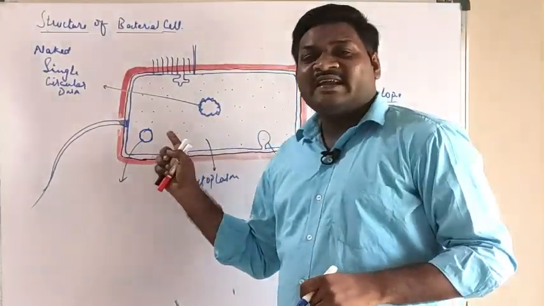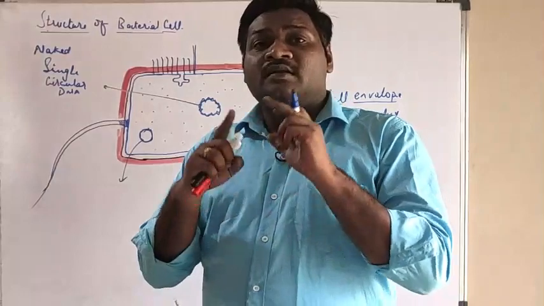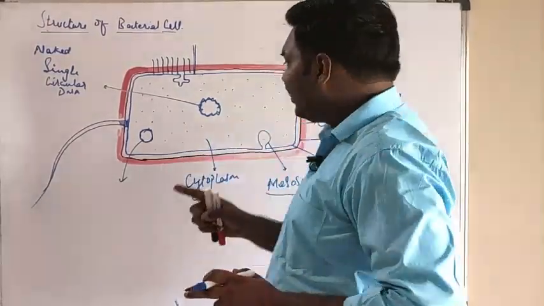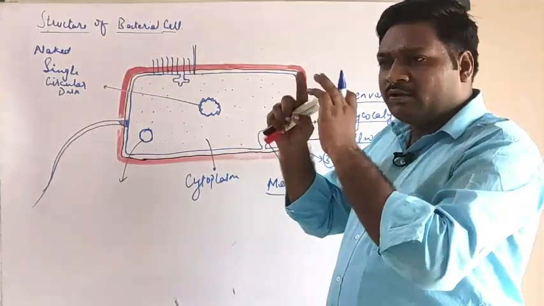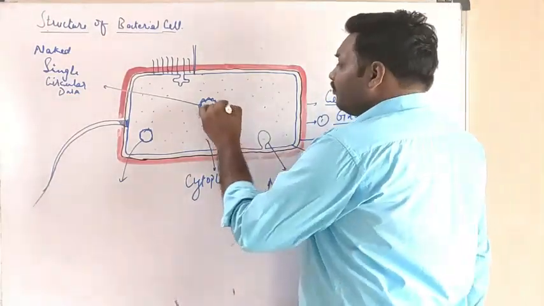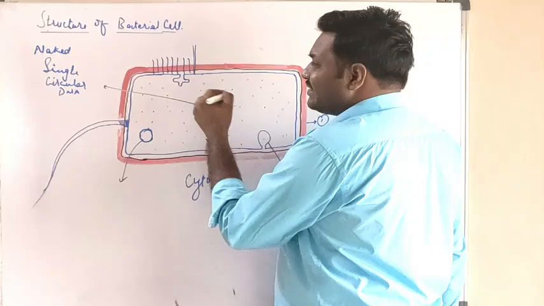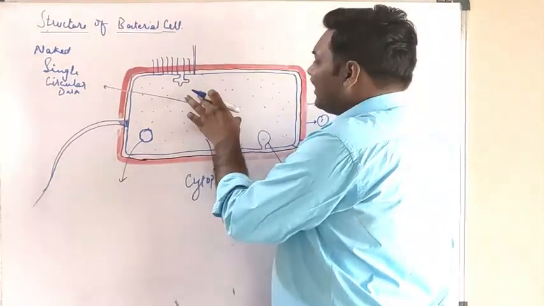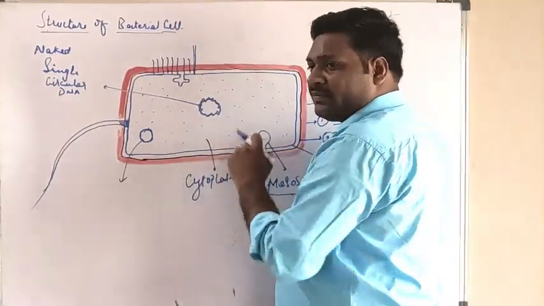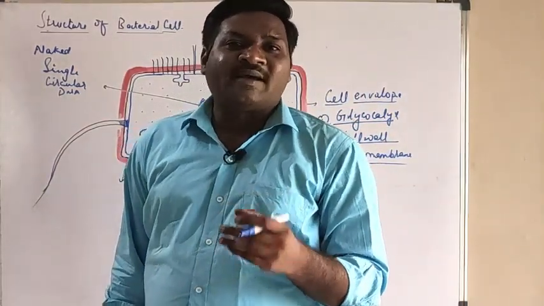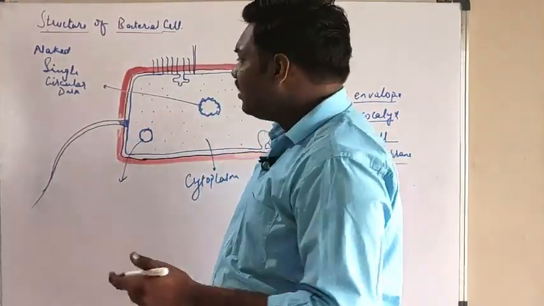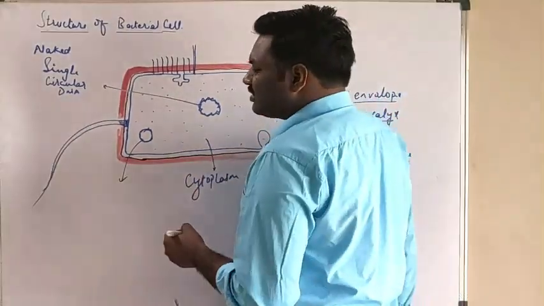Because the DNA is normally present within the nuclear envelope, but in the case of prokaryotes there is no nuclear envelope, right? No nuclear membrane is there. So the structure is also referred to as the nucleoid, that is, without the nuclear membrane. And as the nuclear membrane is not there, there is also an absence of proteins, like histones.